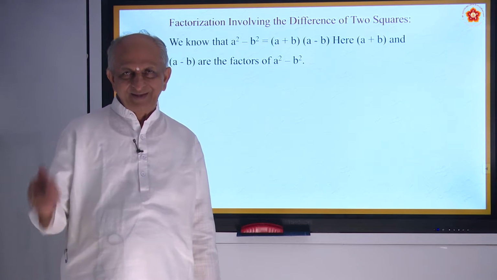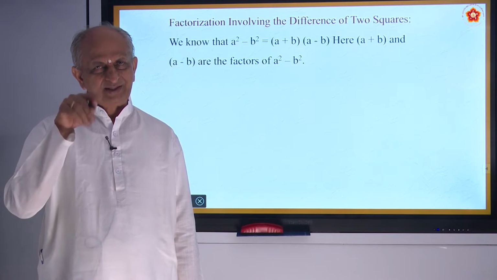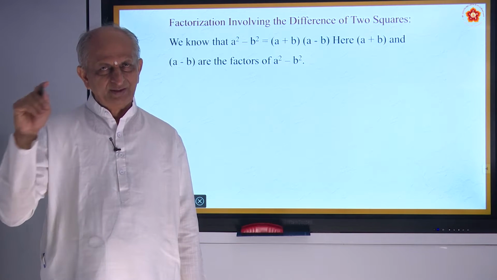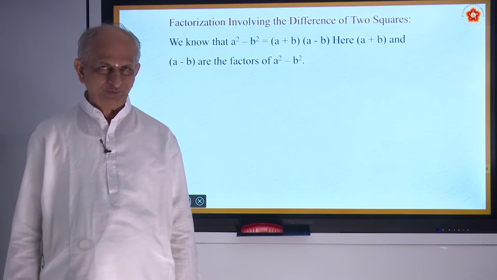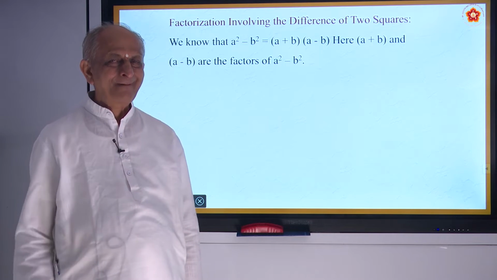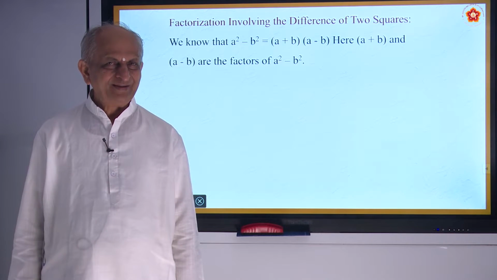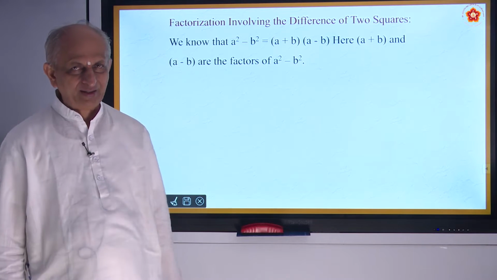Yes, x plus y into x minus y. What are the factors of p squared minus q square? P plus q into p minus q. What are the factors of a squared minus 1? Come on, a plus 1 into a minus 1.